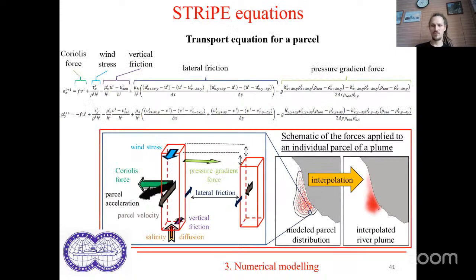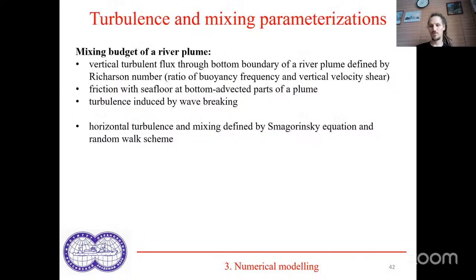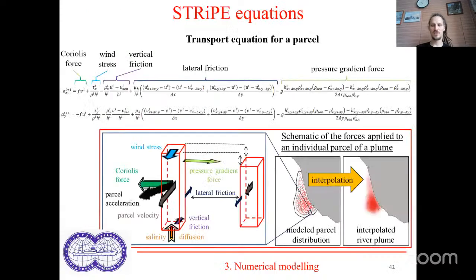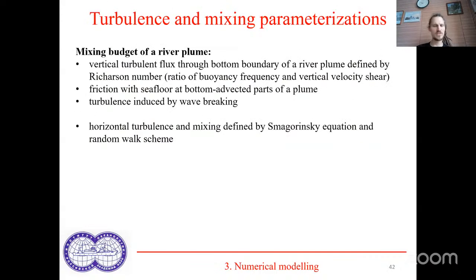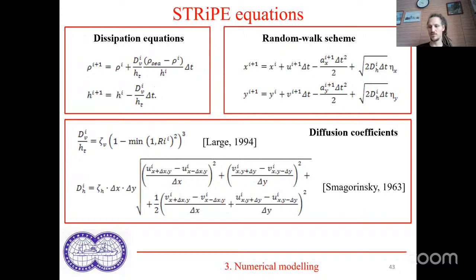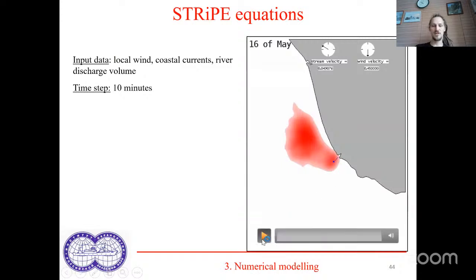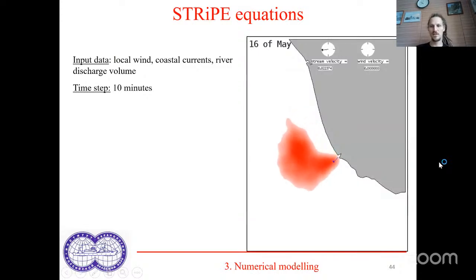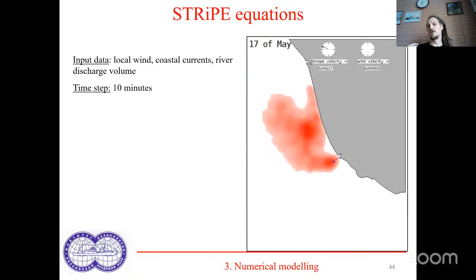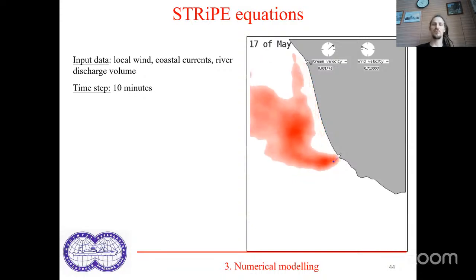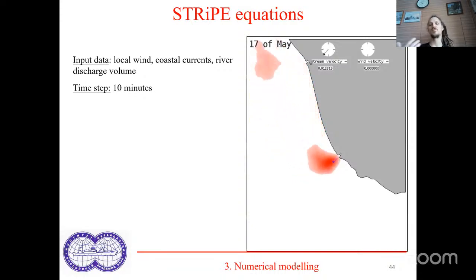So here are the transport equations, which are also connected with all these forces. There is some mixing budget, for which we also make some parameterizations. And here is an example of how it works. This is one of the river plumes at the Russian Black Sea coast. And we calculate motion of the plume according to local wind forcing, coastal currents, and river discharge.